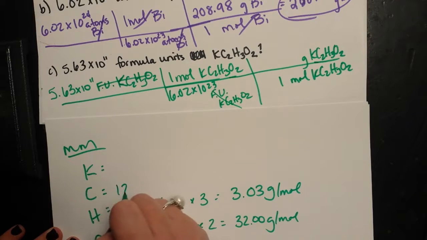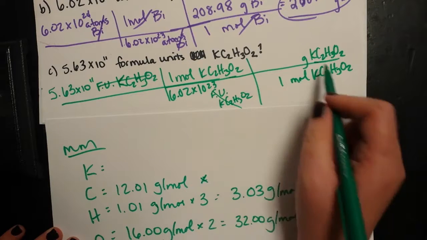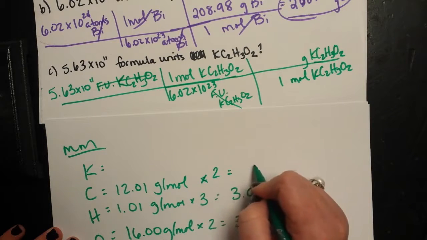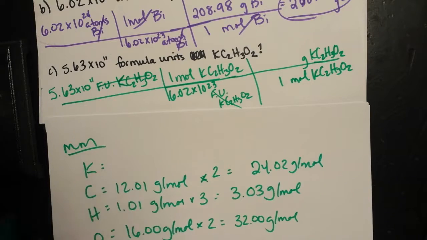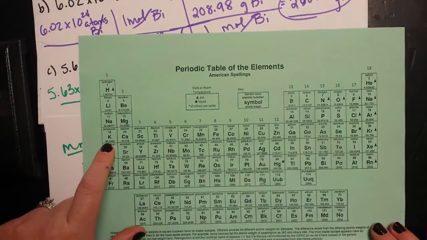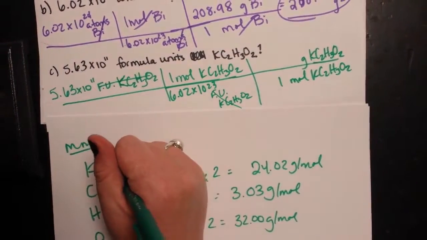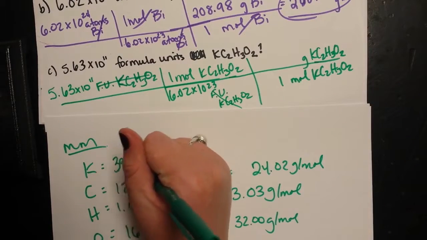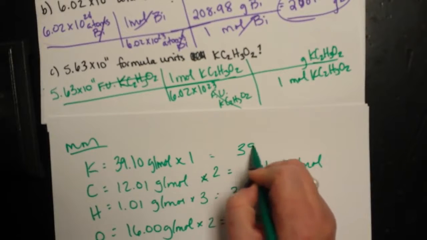I know that carbon is 12.01 grams per mole, and there are 2 carbons in my formula. So 24.02. And then potassium, if you look on the periodic table, you probably don't have this one memorized yet, is 39.10 if you round that up. And there's just one of them there.